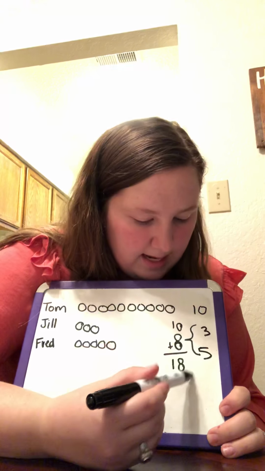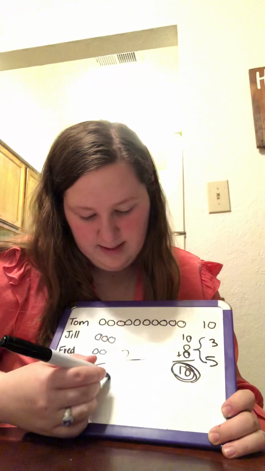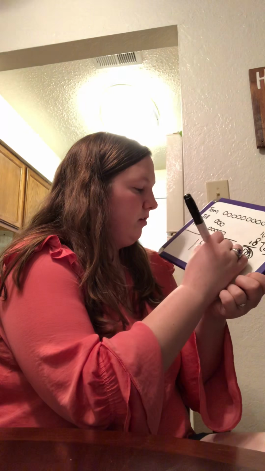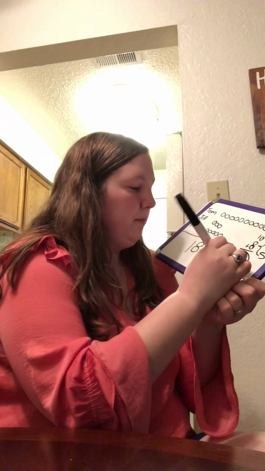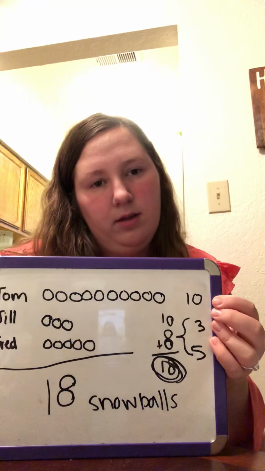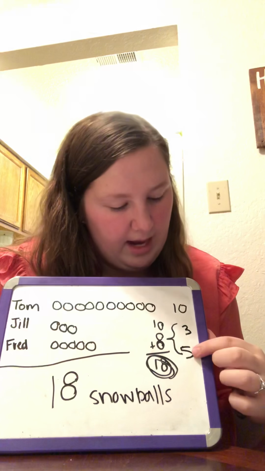Either way, you get the same answer. They made a total of 18 snowballs. But it really depends on which way you're more comfortable. I would probably add 10 plus 3 and get 13, then add 5 and get 18.